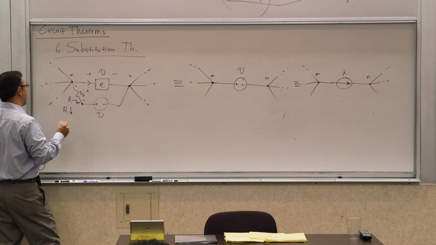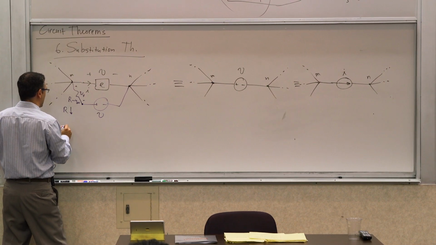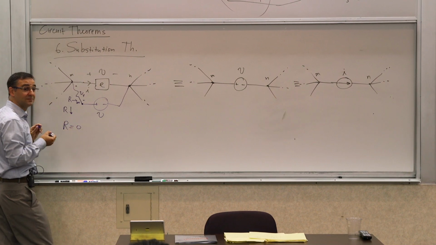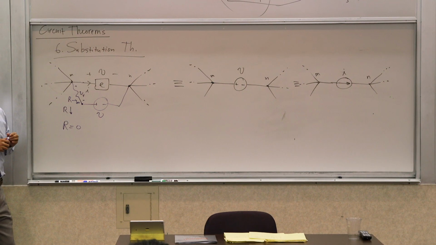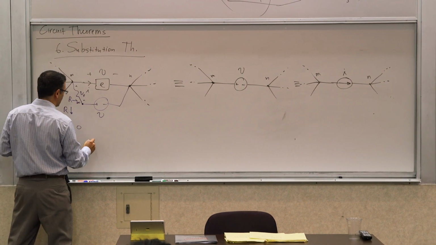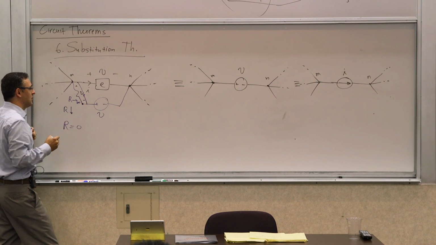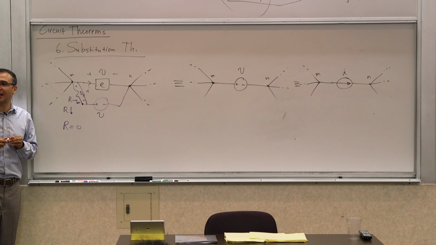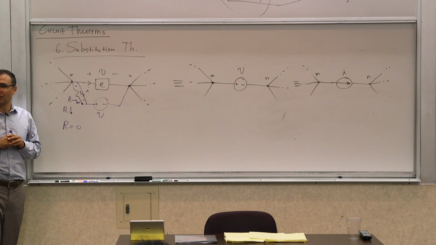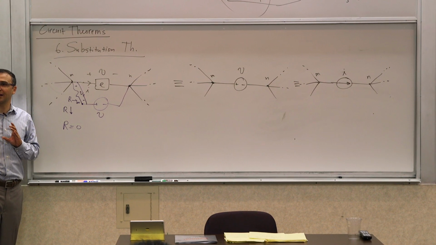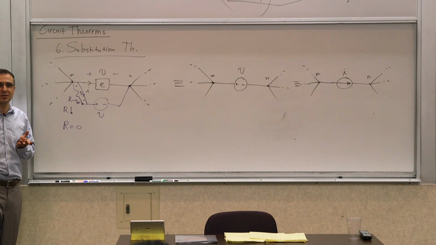No. So for any value of R, there's no current flowing, including R equals 0. So when I make R equals 0, what I have is really essentially this thing. So I have an ideal voltage source in parallel with an element. What is that? An ideal voltage source in parallel with an element that's not an ideal voltage source?